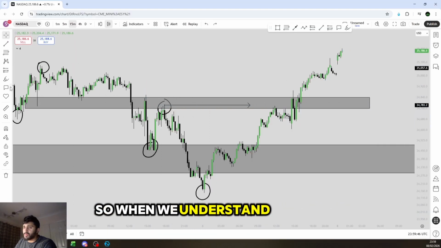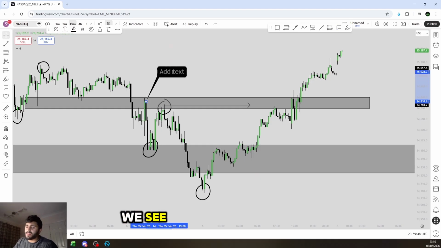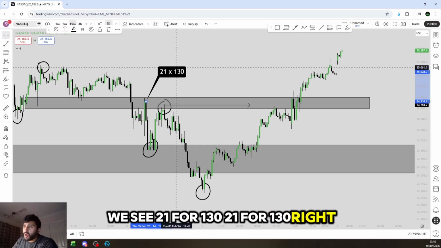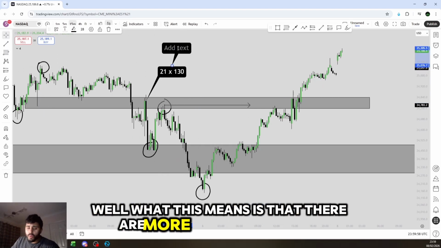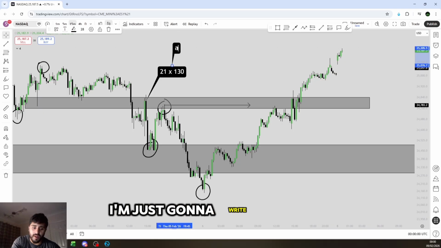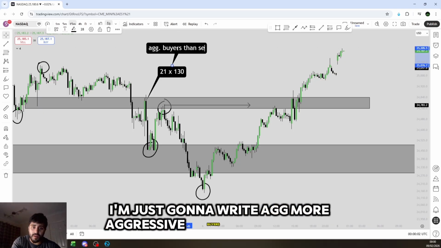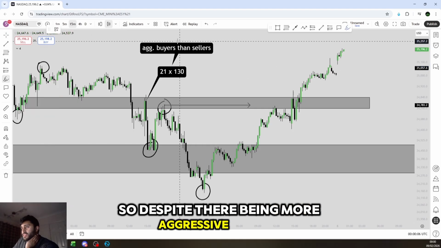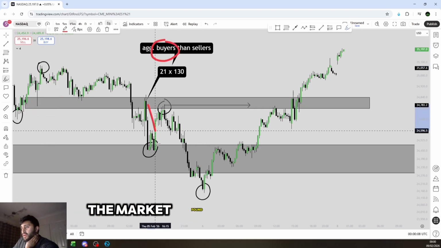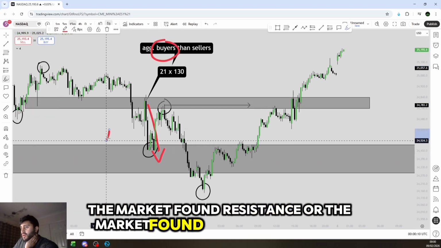When we understand what was going on here, we see 21 for 130. What does this actually mean? Well, this means that there are more aggressive buyers. I'm just going to write AGG, more aggressive buyers than sellers. Despite there being more aggressive buyers, the market found resistance, or the market found an area to go down.